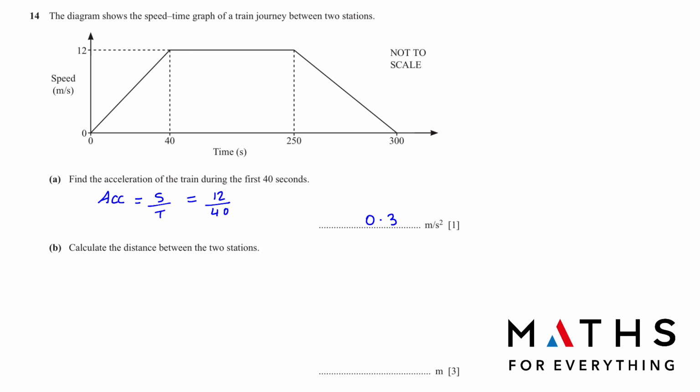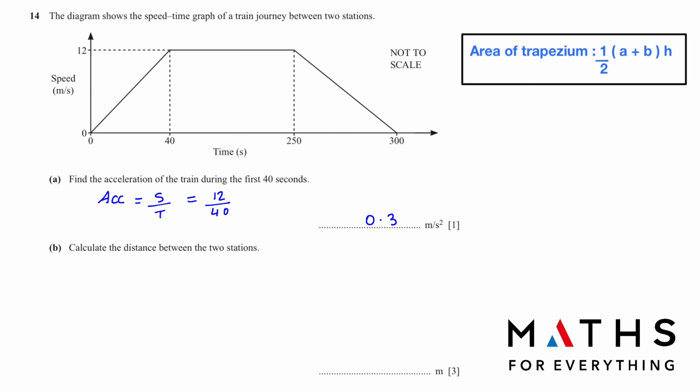Next we have B. Calculate the distance between the two stations. To find the distance between the two stations, we need to find the area under the graph. And as you can see, this is a trapezium. So we have to use the area of the trapezium formula. Half bracket A plus B, H. A and B are the parallel sides.